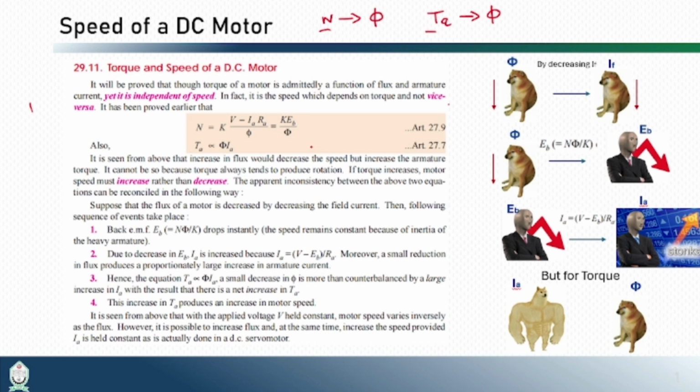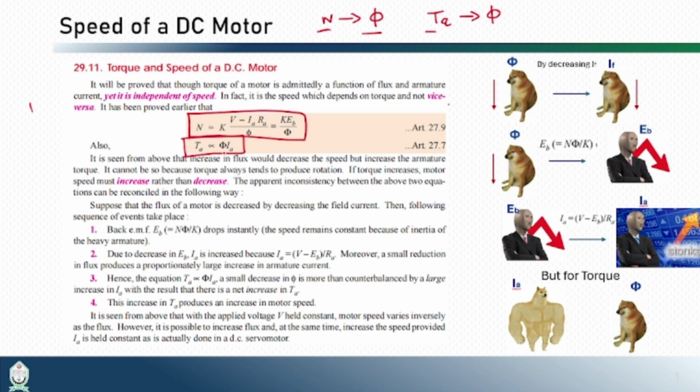How? A few moments ago, we established that the speed of the motor has a relationship with the magnetic flux, but it is inversely proportional. And in our previous class, we have seen that the torque of the motor is proportional to our magnetic flux.